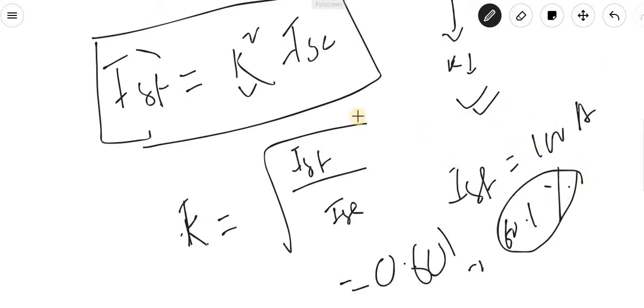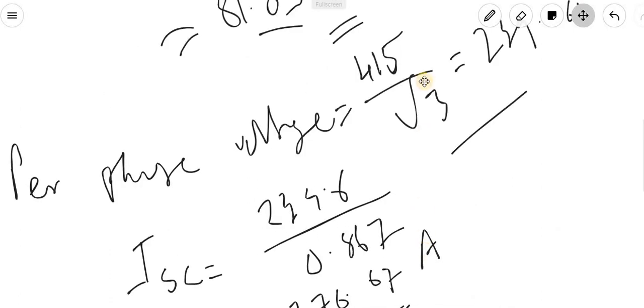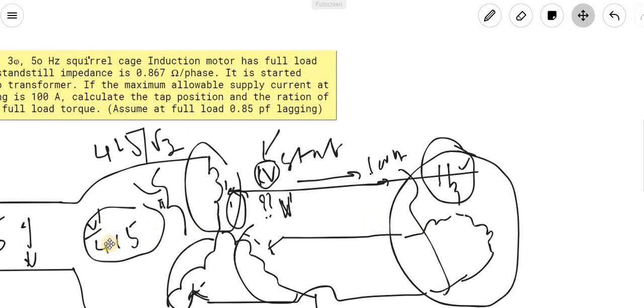So that means if 415 volt is the supply voltage, then at starting, 259 point something volt is the starting voltage you can apply across the motor.